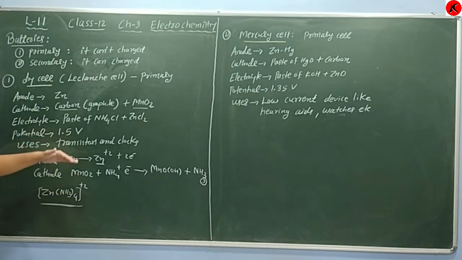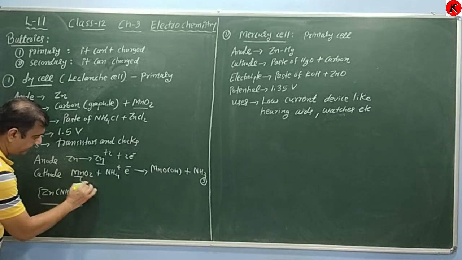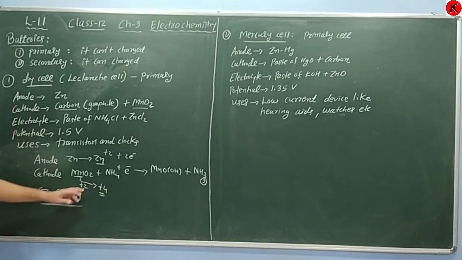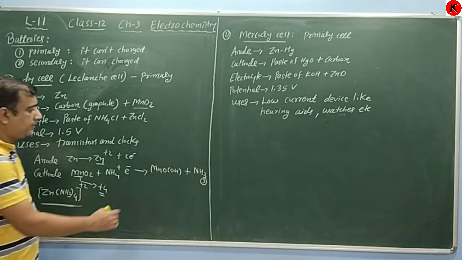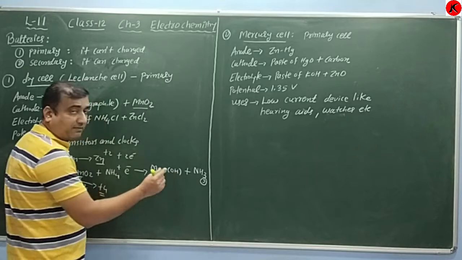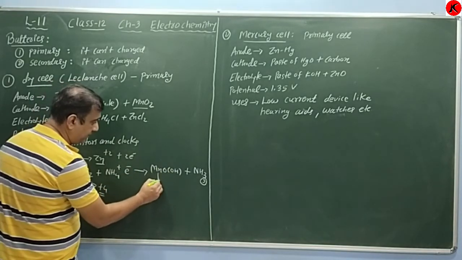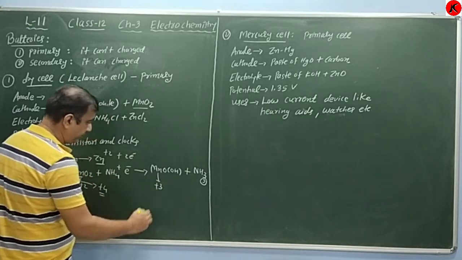Now, why is this a primary cell? During this reaction, Mn has oxidation number plus 4 and oxygen minus 2. This is reduced to MnOH, where OH has minus 1 and oxygen minus 2, that means Mn is plus 3.